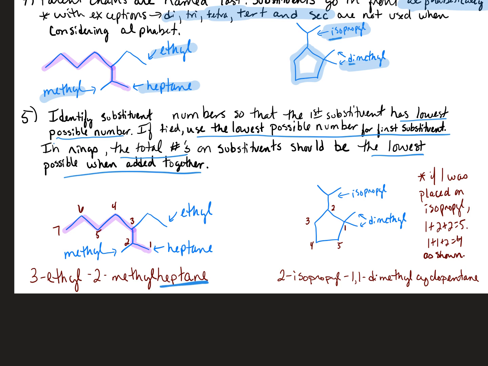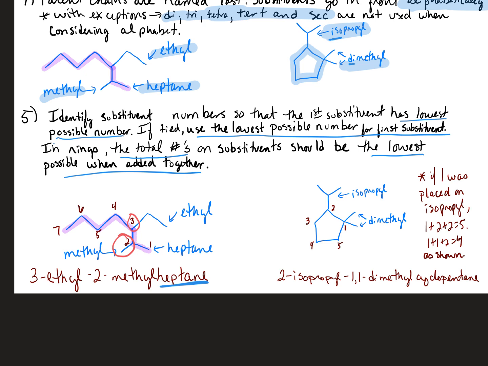So we don't want to do that. Instead, we're going to go with the numbering in red, because what that effectively does is it allows us to put this number on the first substituent we would come to if we were numbering from the other direction, and this number on that ethyl group.